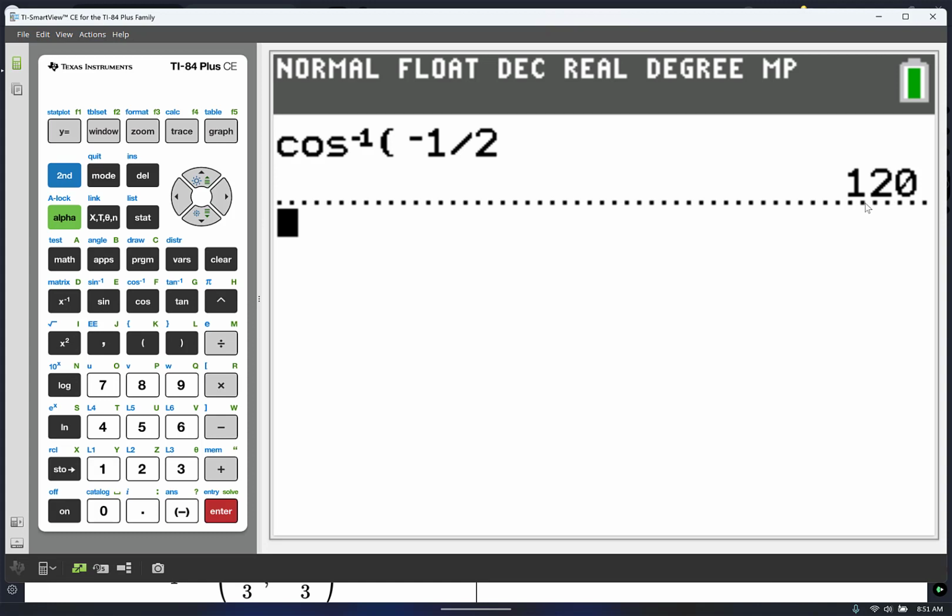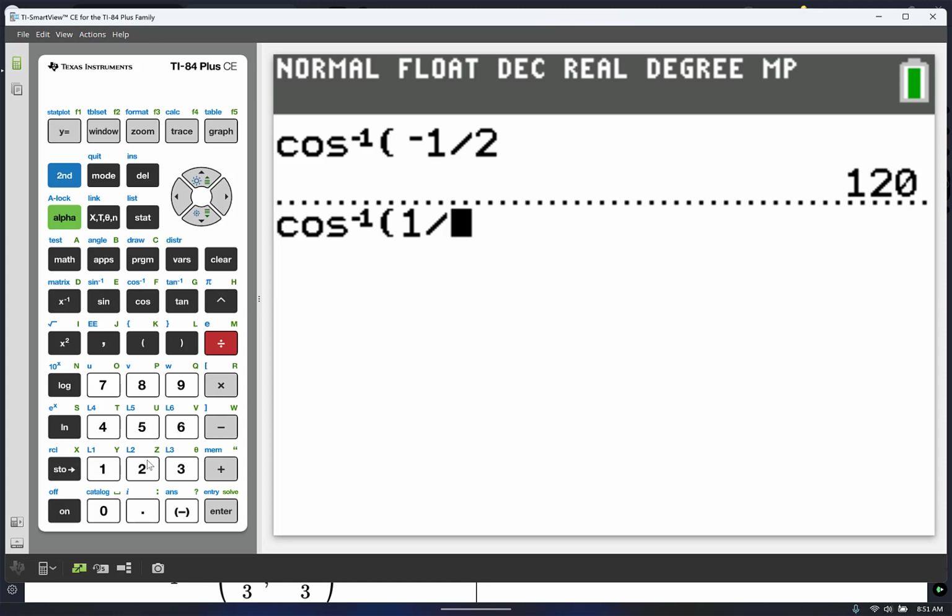It doesn't give you the one in quadrant 3. So let me tell you how you would get that. What I advise you to do is always get the reference angle. Remember that the reference angle is always positive, right guys? So the way I would do it, I would go second arc cosine, and then just drop the negative. That's my reference angle. I know that cosine is -1/2 in quadrant 2 and in quadrant 3.